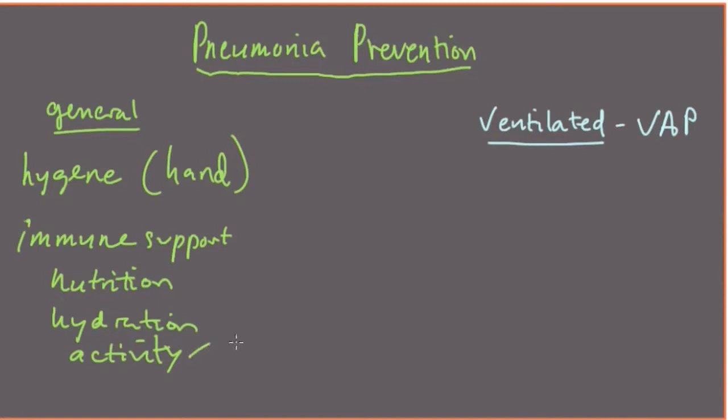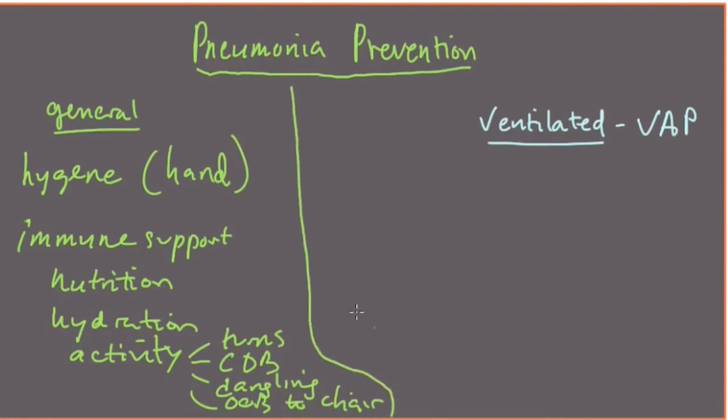Starting off right after surgery, having them do turns, cough and deep breathe, and sitting at the edge of the bed, dangling, then moving on to out of bed to chair, and then to walking through the unit. Doing that as early and as aggressively as possible, especially after a surgery, is really going to help prevent pneumonia in patients that could otherwise be susceptible to it.